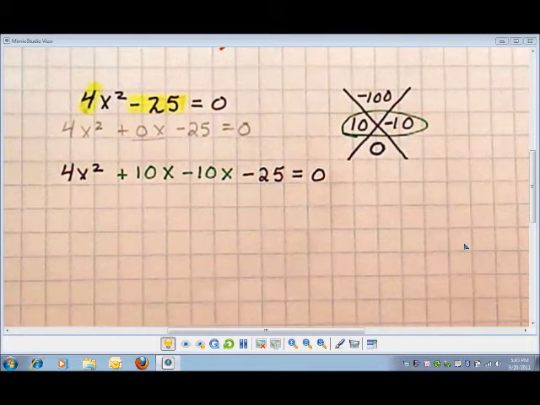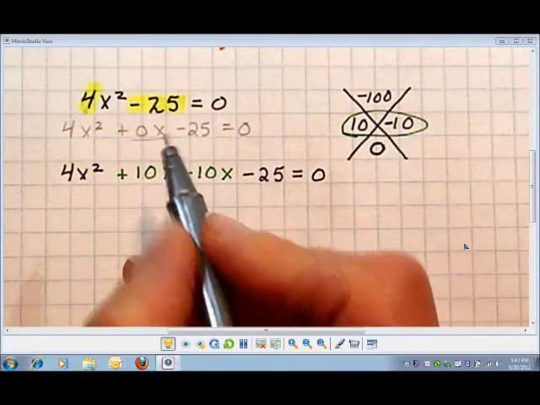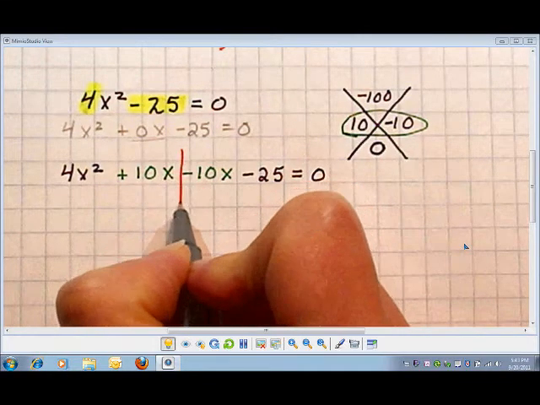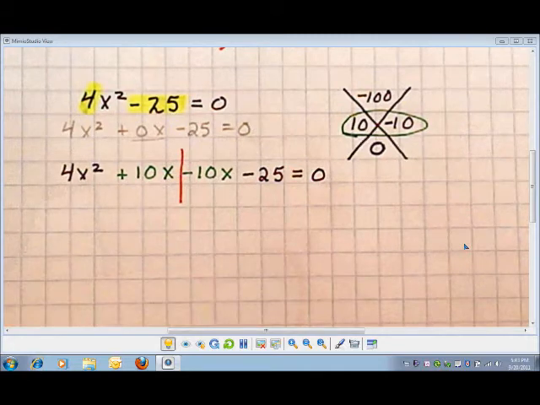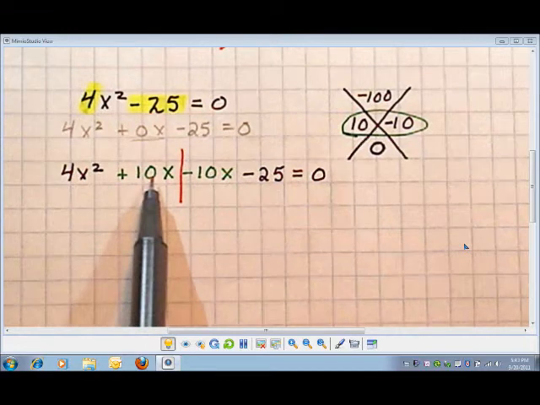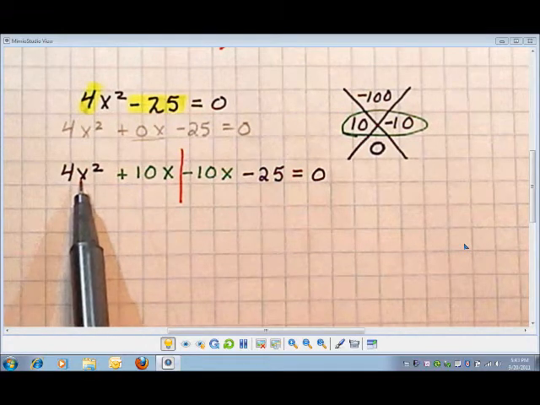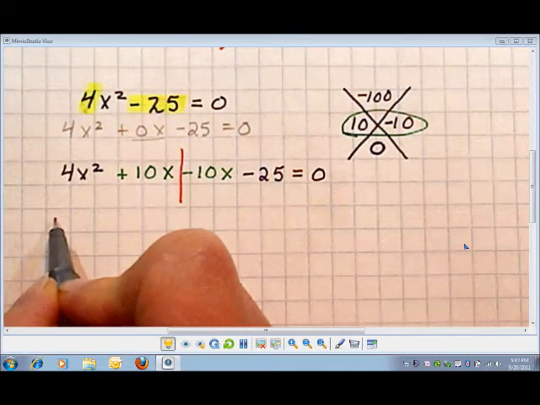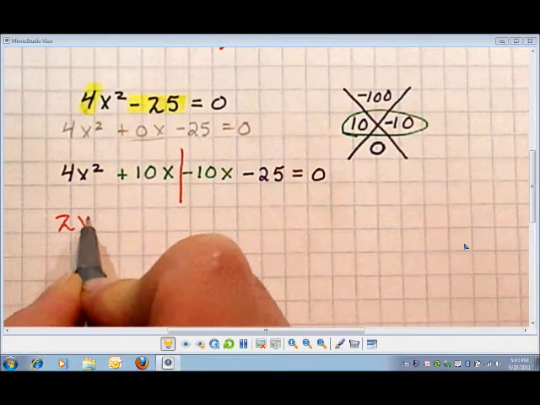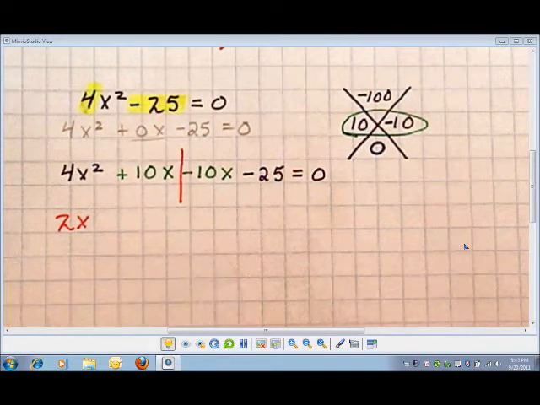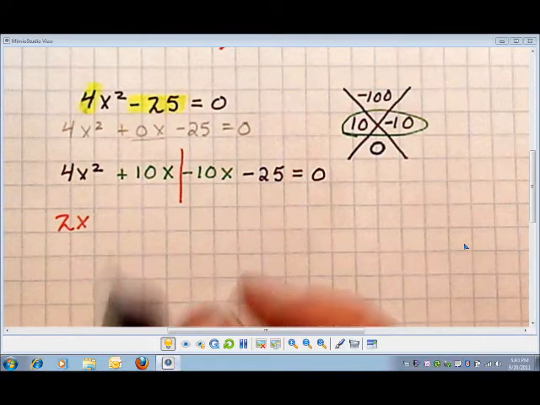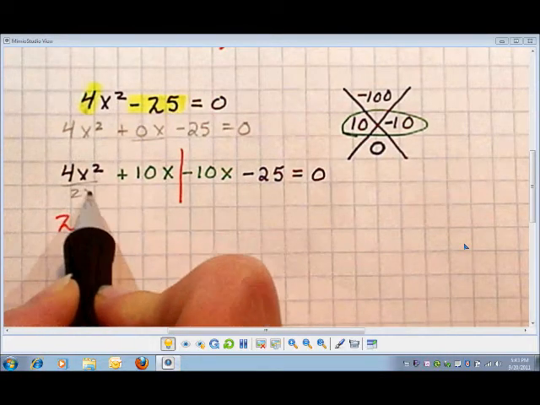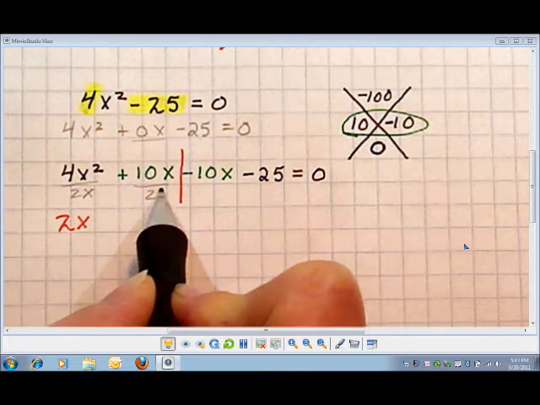Now that I have 4 terms, I can factor by grouping, split this into 2 groups. So I'm going to look at what do these two have in common. Well, I can factor out 2x. So if I factor out 2x, remember I'm thinking, okay, I'm going to divide this by 2x, and I'm going to divide this term by 2x.